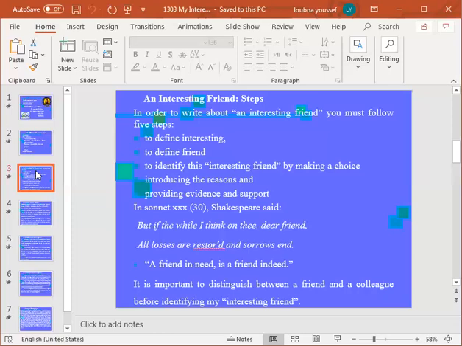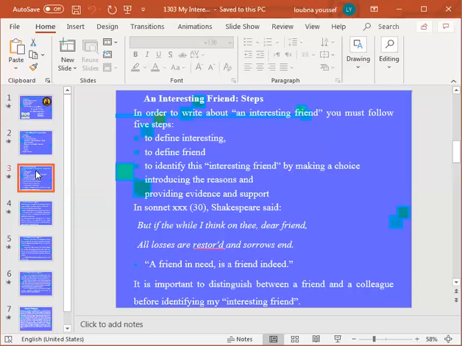So at the end of the slide, I tell you that it is important to distinguish between a friend and a colleague. A colleague is someone you meet at work, but with a colleague, you do not discuss your private life or your feelings or your inner thoughts, all right?